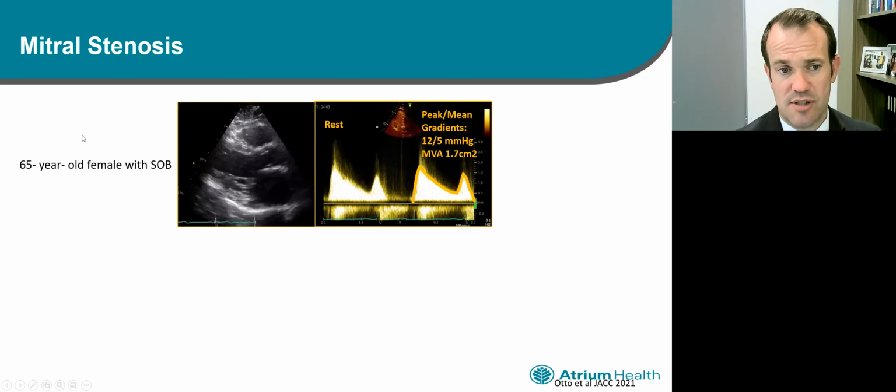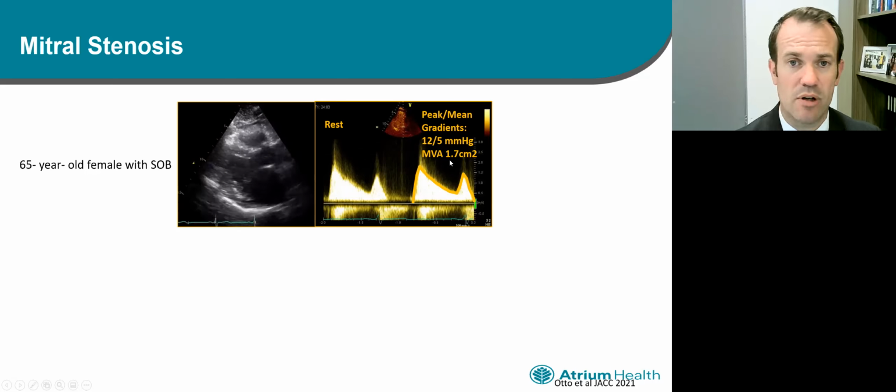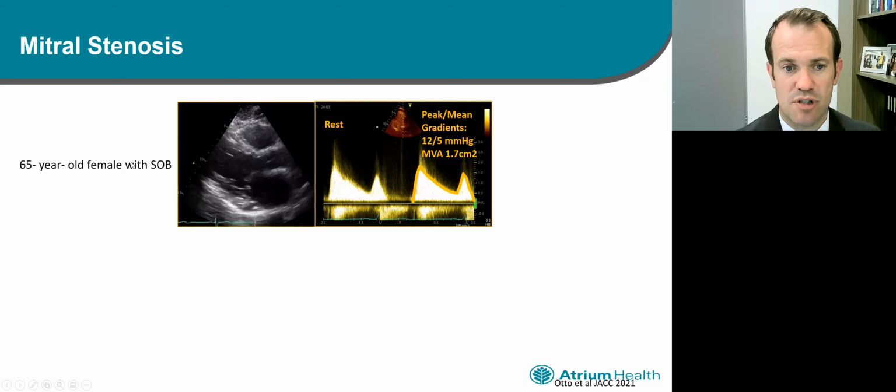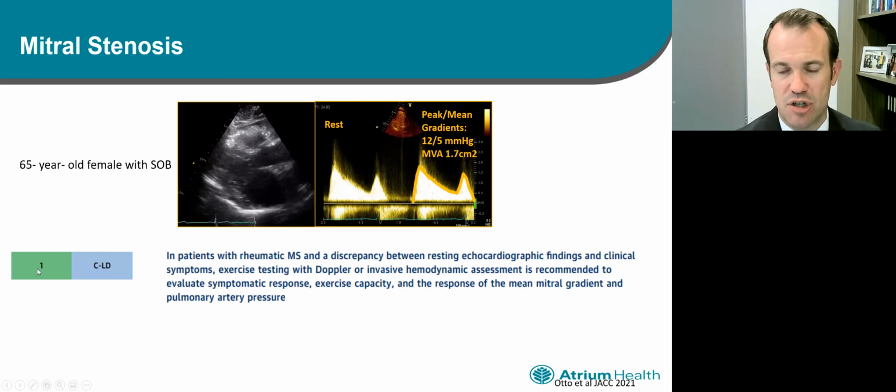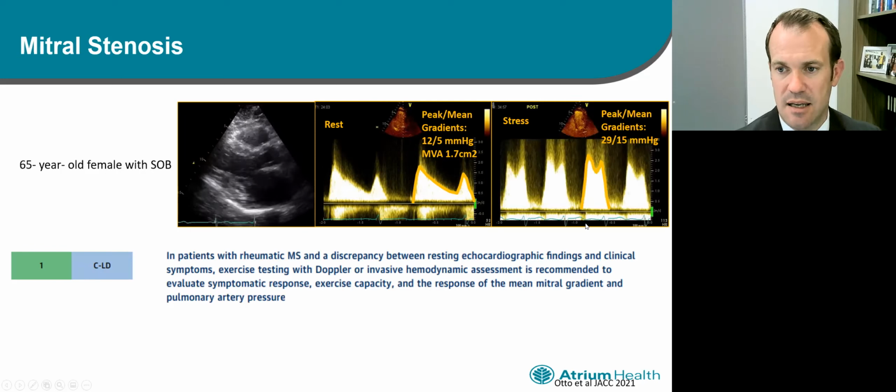For mitral stenosis, this is a 65-year-old female with shortness of breath and a typical rheumatic valve. Her mean gradient is 5 and her mitral valve area is 1.7, so she is a moderate assessment of mitral stenosis, but she's symptomatic. And so in this case, this is a class 1 indication to do a stress test. Here we're going to first of all measure the gradients across this.